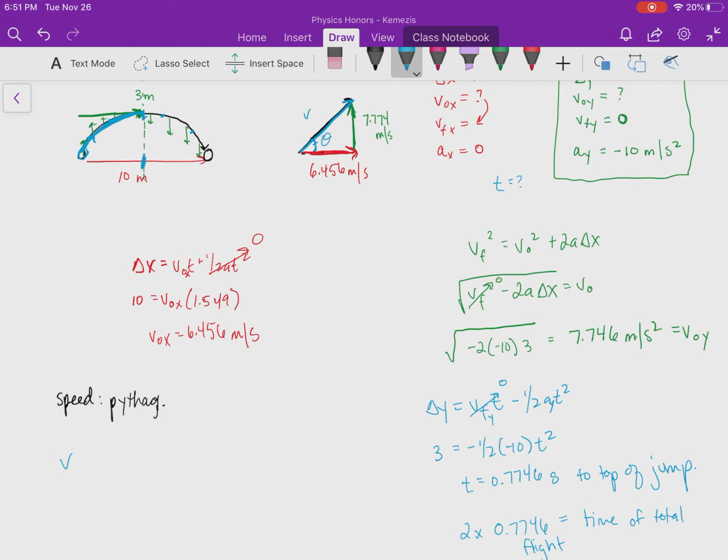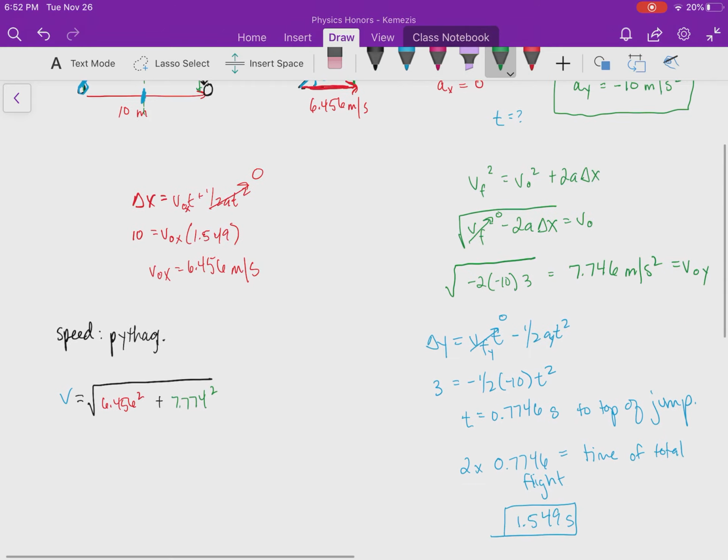Right, so we're going to take our speed, velocity, I'm going to call it velocity because we are going to solve for the angle, is equal to the square root of 6.456 squared plus 7.774 squared.